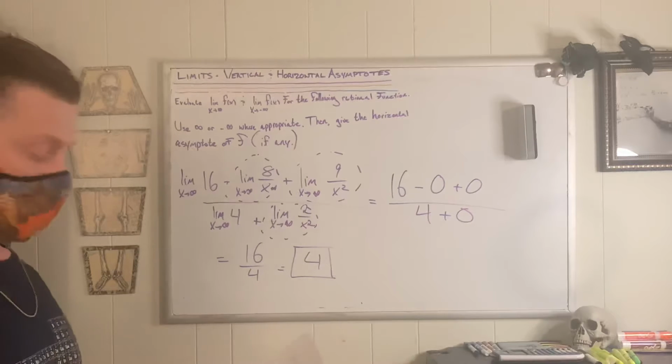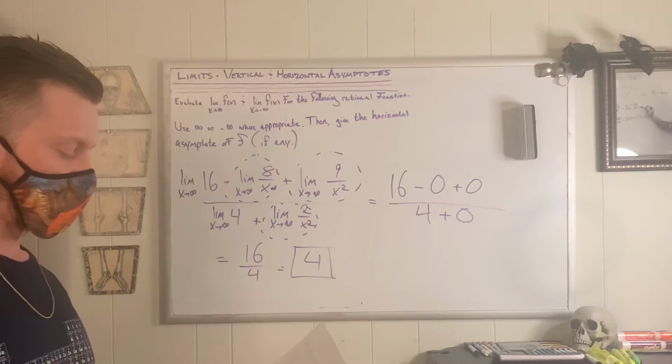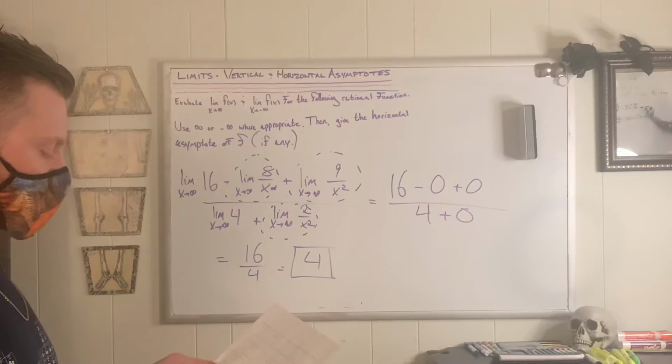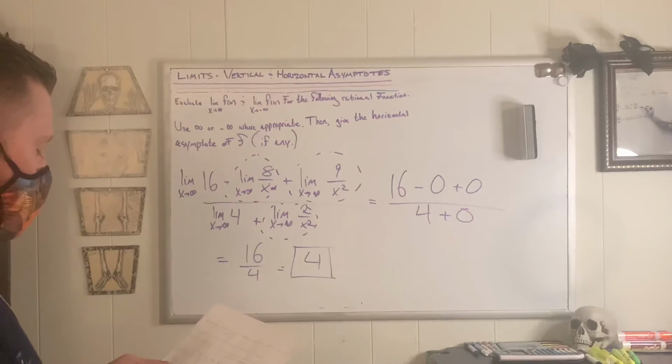Now, we're going to evaluate the limit as x approaches negative infinity of f of x by dividing the numerator and denominator by the largest power of x appearing in the denominator. Then we're just going to use the limit laws and evaluate the limits.